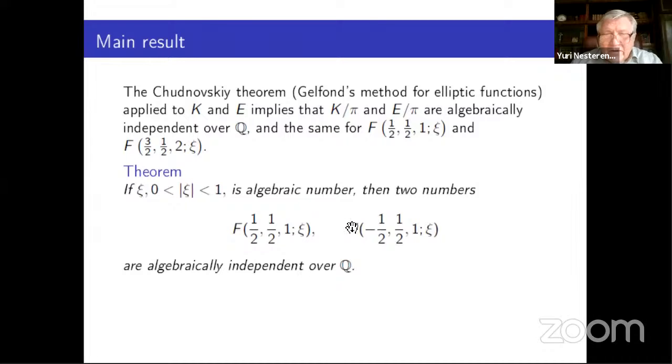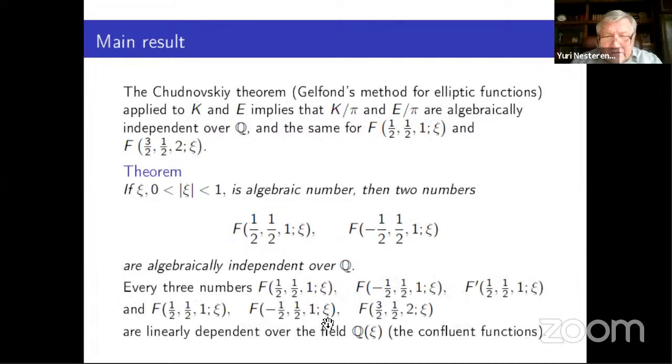This is the theorem again, and this is a short explanation of the reduction. These three functions have parameters 1/2 and a derivative here, and the second set has parameters 1/2 and 3/2. These two sets are linearly dependent over a finite extension of the field of rational numbers.